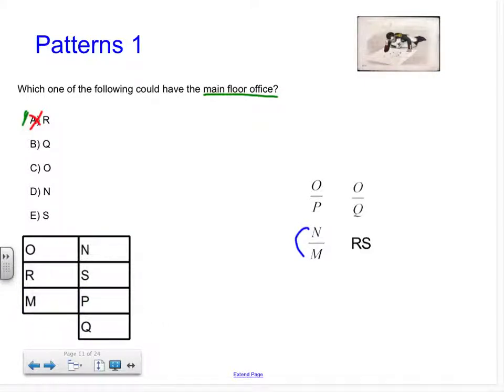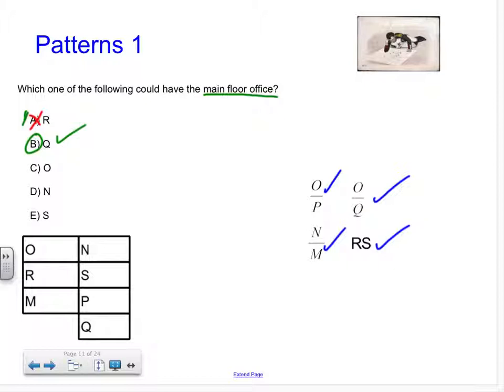Okay, let's see if any of the conditions are broken. So O is above P, so that one is good. O is above Q. N is above M, and R and S are together. So therefore, I know that Q could occupy the main floor office, and B is a correct response.